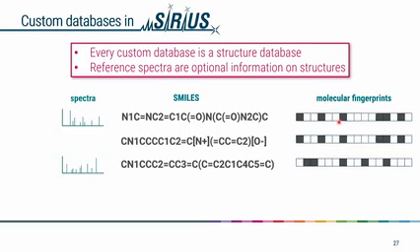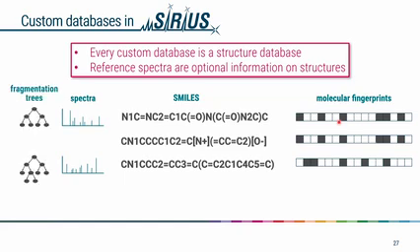Optionally, you can also bring your reference spectra. In case you have references that you are particularly interested in, you can also throw them in, and everything will be one big database you can search on, and SIRIUS will take care of using the spectra or just the structure, depending on which information is available.